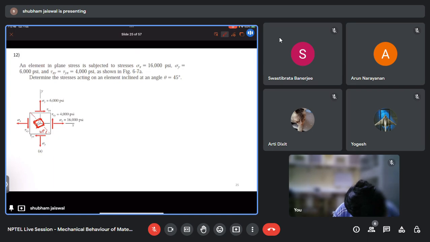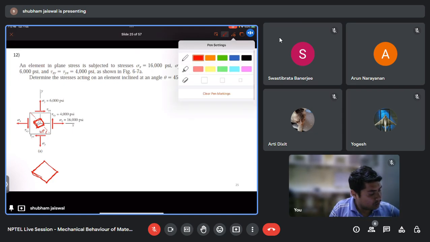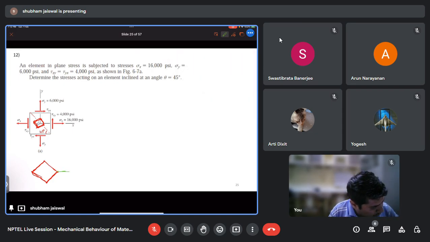If I draw that element here, this is my x, this is my y. They are asking for the stresses acting on an element inclined at an angle theta equal to 45 degree.